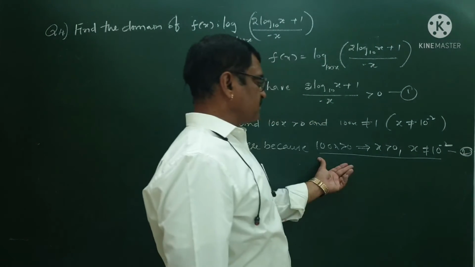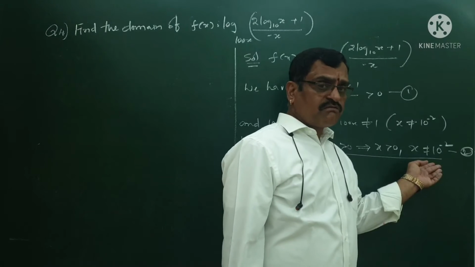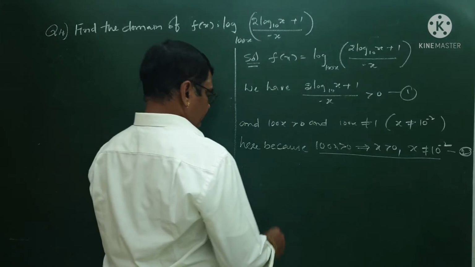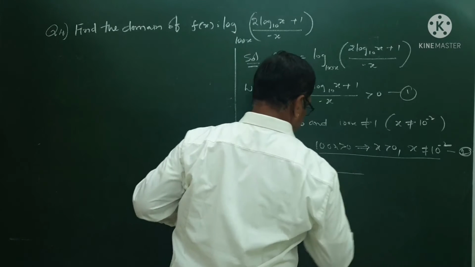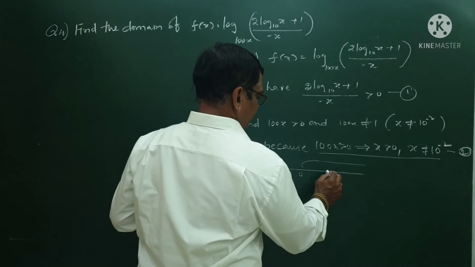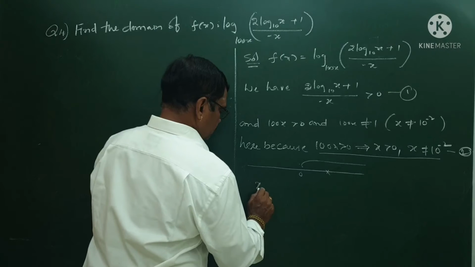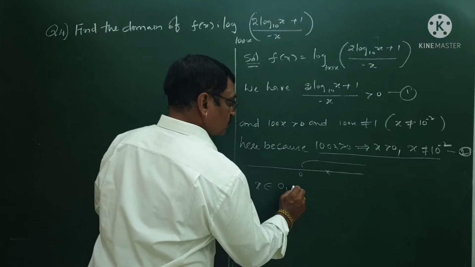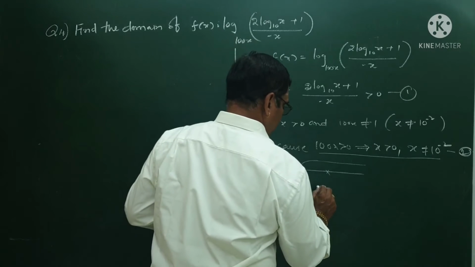Here 100x is greater than 0 and x is not equal to 10 to the power of minus 2. So here we have x greater than 0, meaning all the real numbers more than 0 except 10 to the power of minus 2. So here we got x belongs to (0, infinity) minus {10 to the power of minus 2}.